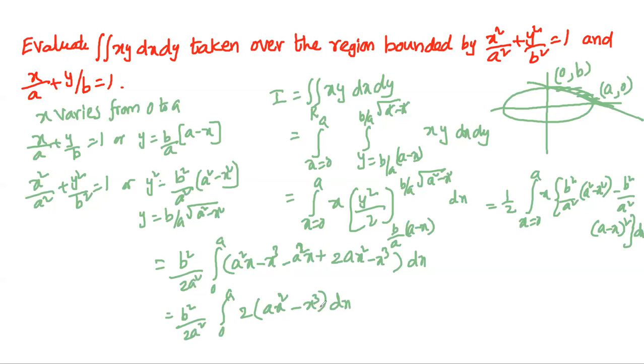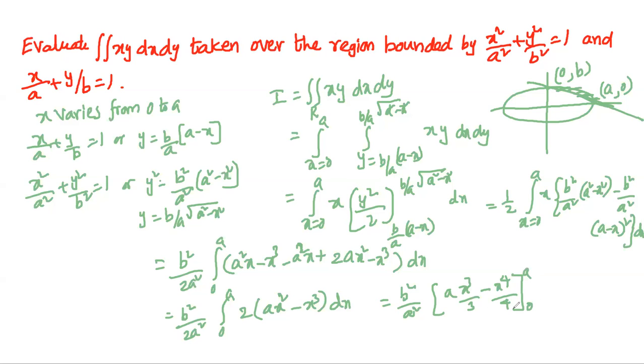Now again do the integration on the basis of x. So these two will be cancelled because 2 we are taking out. Now finally what will happen? b square by a square, this integration a into x cube by 3 minus x power 4 by 4, integral 0 to a.